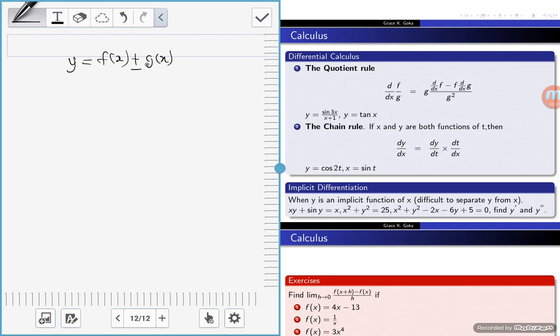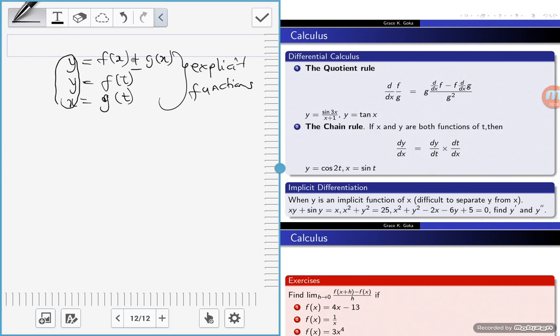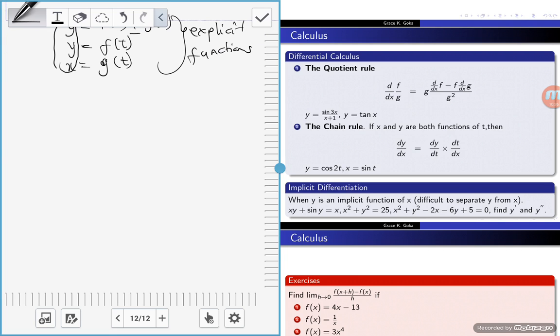Okay, y is equal to a function which is purely in terms of x, or y is equal to a function purely in terms of t, x is equal to a function purely in terms of t. All these functions are called explicit functions. You have one variable on one side equal to another function. So these are called explicit functions.